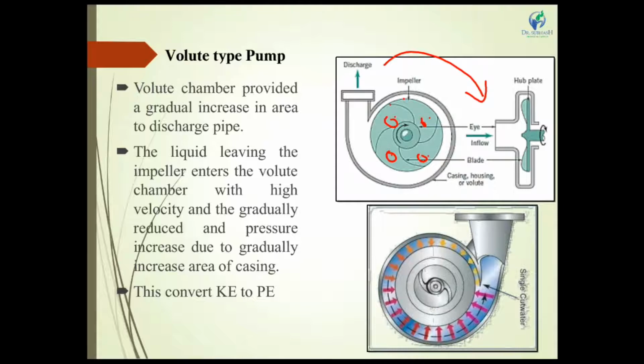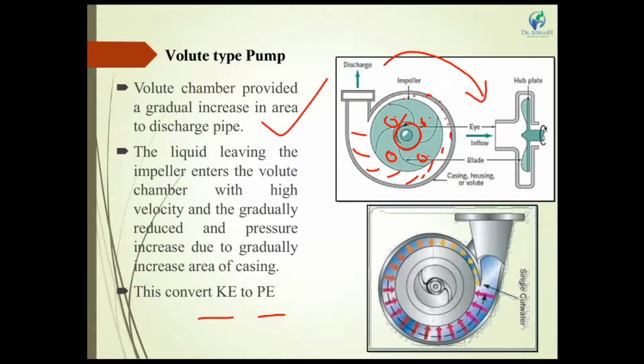Then this water passes to the casing side. The casing area is gradually increasing toward the discharge pipe. So this area converts kinetic energy into potential energy, so that the pressurized water easily comes out from the discharge.